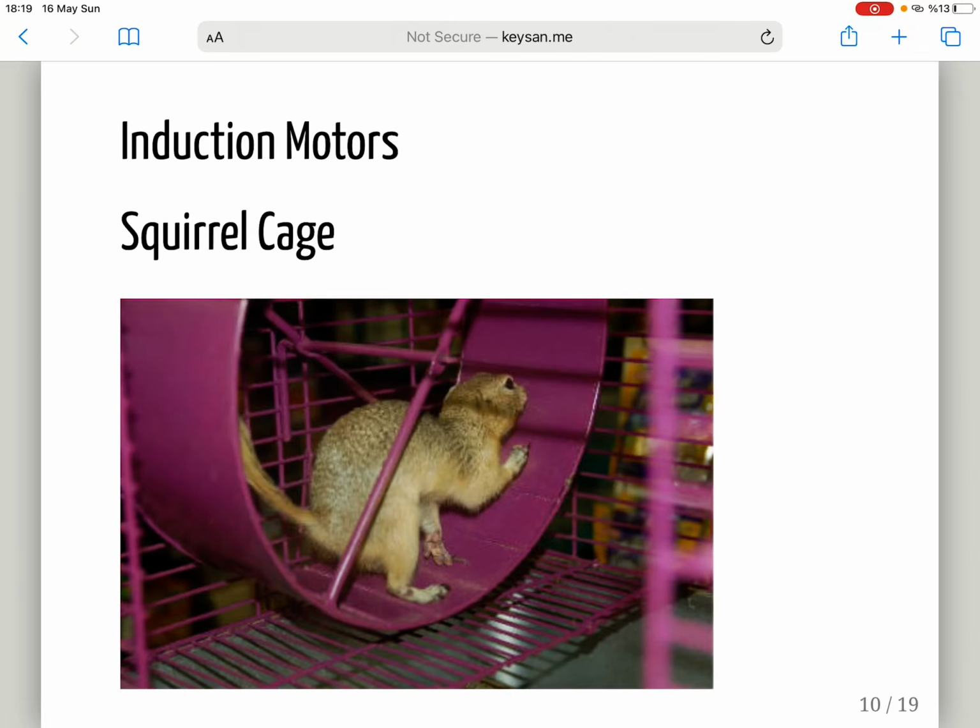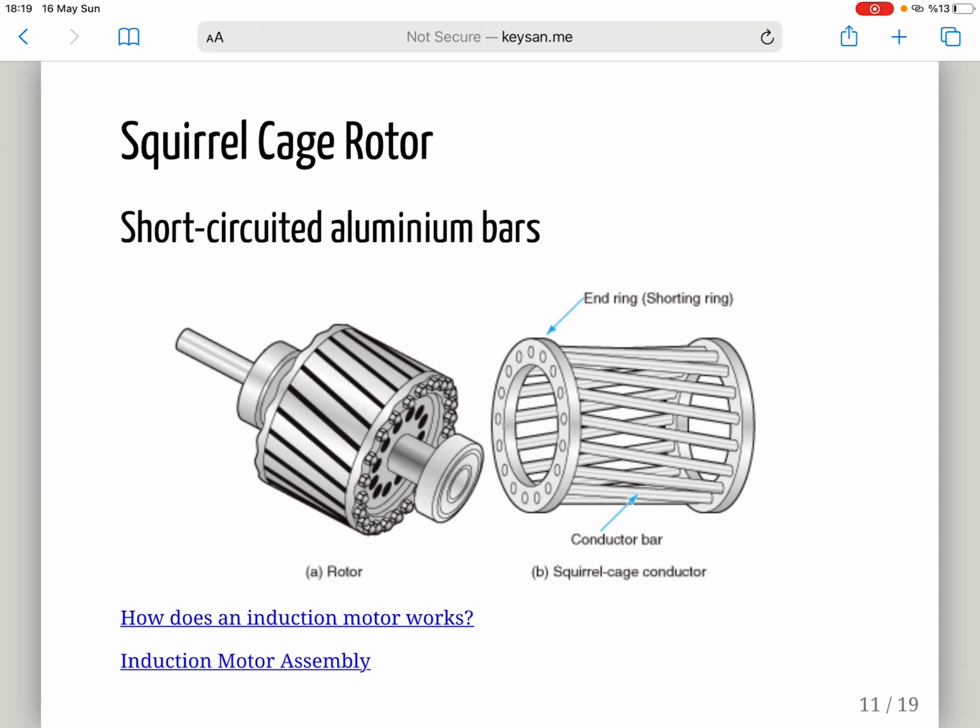Okay, so the squirrel cage rotor is named after the wheel where squirrels or hamsters used to run, which they can rotate. Anyway, if you look inside of a squirrel cage induction motor, first have a look at the right.